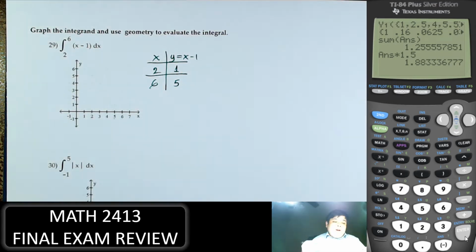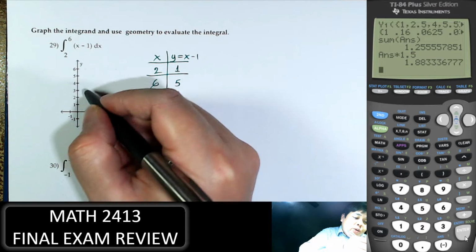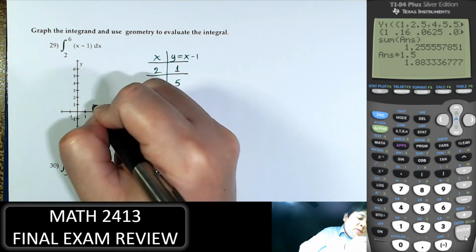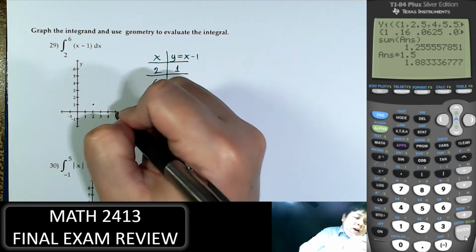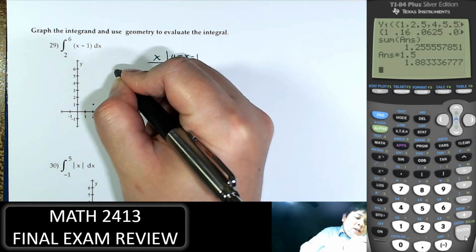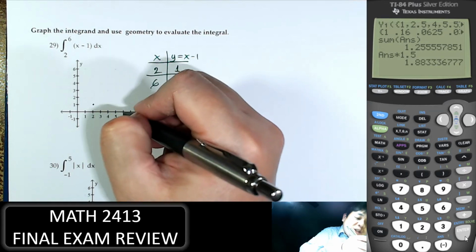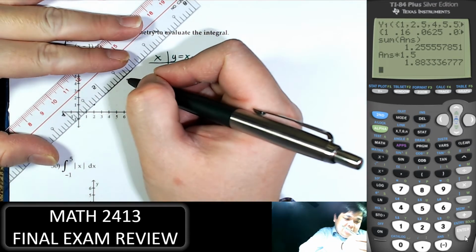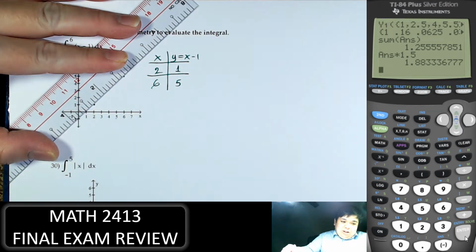So we have when x equal to 2, it is 1. And when x equal to 6 is equal to 5. So this is the function.